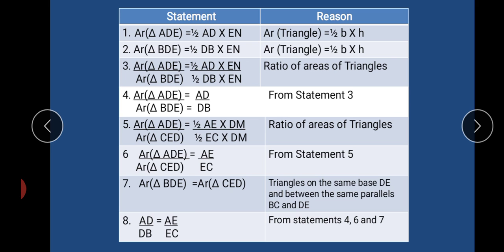Therefore, left hand sides of statement 4 and statement 6 are equal, and therefore the right hand sides are equal, and we get what is asked to prove, that is AD upon DB is equal to AE upon EC.